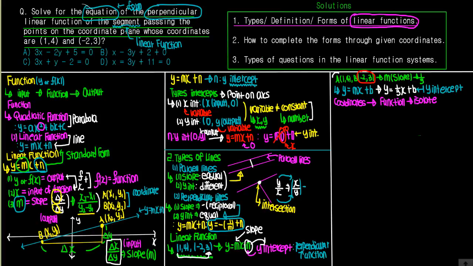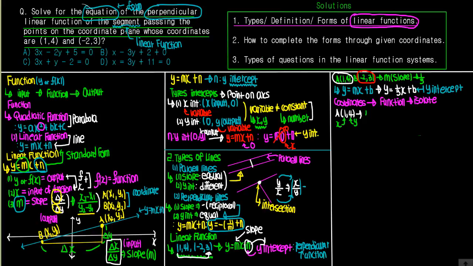Let's apply a value because it looks so simple. If we apply our point A, which is (1, 4), to y is equal to 1/3 x plus b, our y value in this case will be 4, and our x value will be 1.